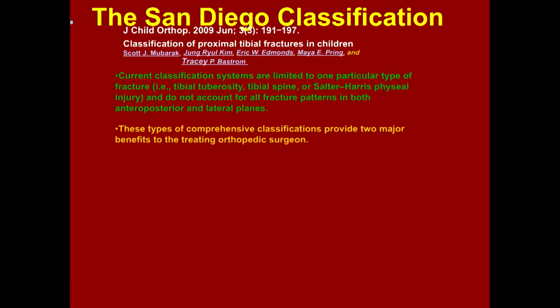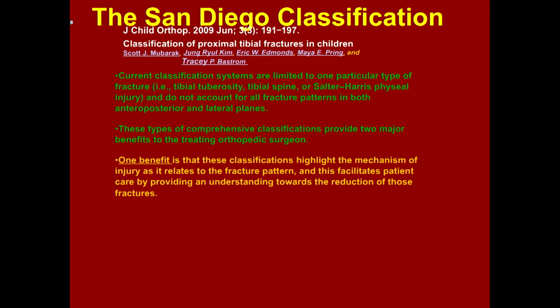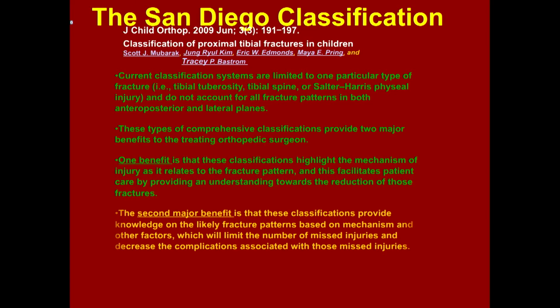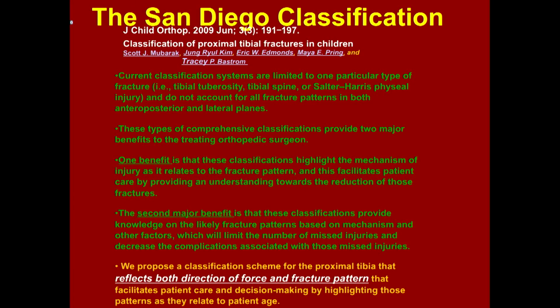A classification needs to provide two major benefits to the treating orthopedic surgeon. It highlights the mechanism of injury, and it provides knowledge of which fractures are based on the mechanism, which will limit the number of missed injuries.